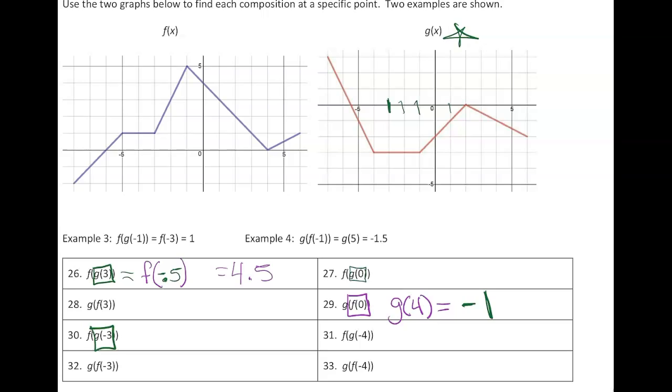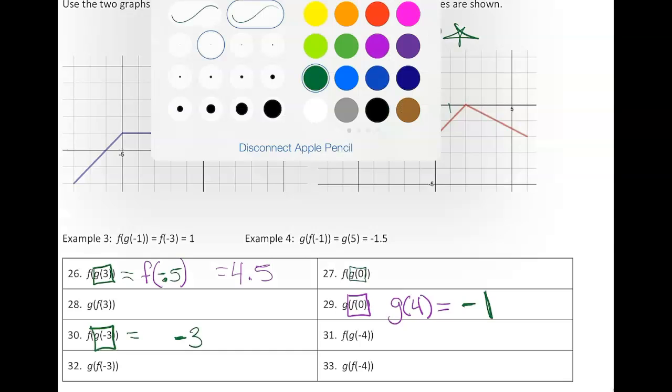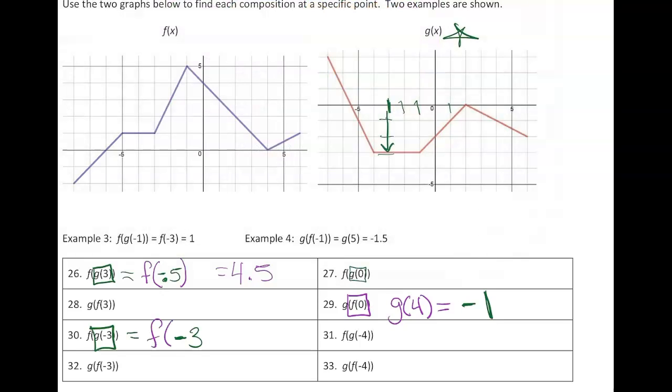The x's cause us to look for y's, so I go downwards, so this is going to be a negative. And I go downwards 1, 2, 3. Then I'm going to use my f of -3. So I'm going to go 1, 2, 3, and go up 1. Okay, so that's on my graph.